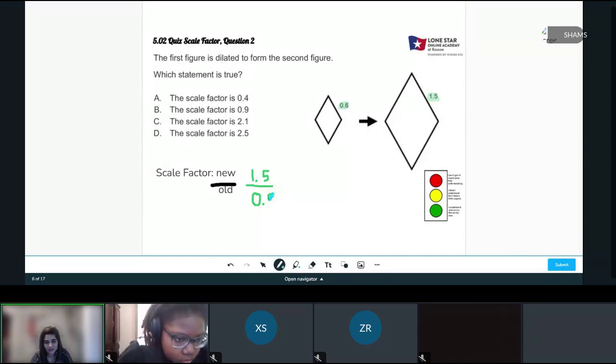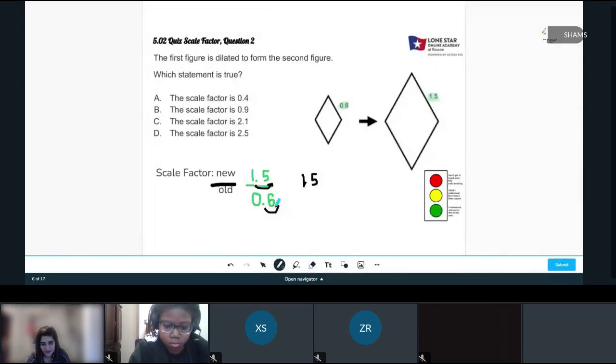Remember, you can make the numbers easy by multiplying the fraction by 10. Multiply the numerator by 10 and make it 15. Multiply the denominator by 10 and make it 6. So the numbers are easy for you to think of, right? 15 over 6. This is how you can rewrite it. Then divide. 15 divided by 6. See how much is the answer.